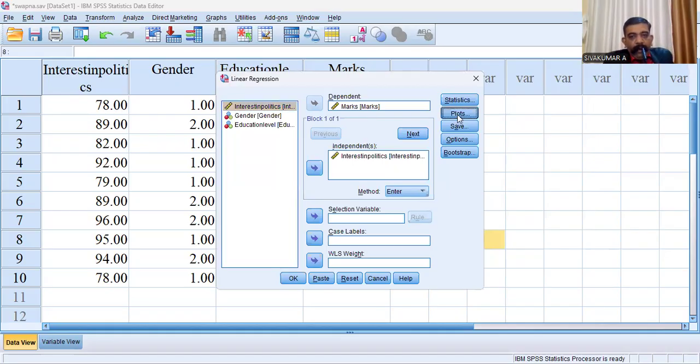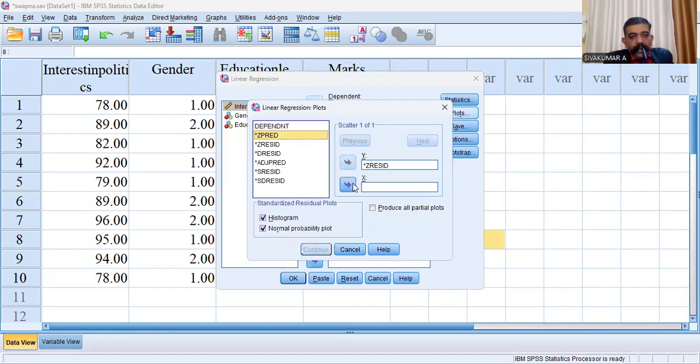Take plots, then you can see Y and X. In Y, please transfer ZRESID, that is Y. In X, ZPRED. I think there was a mistake here.